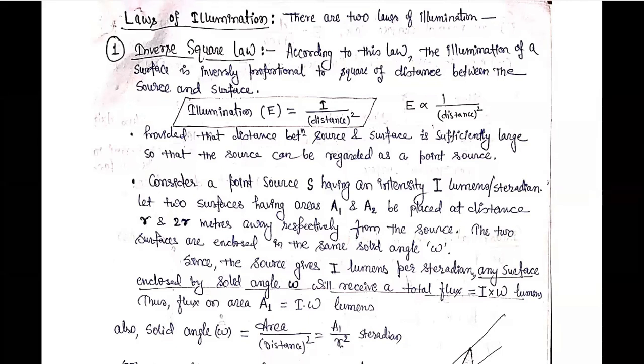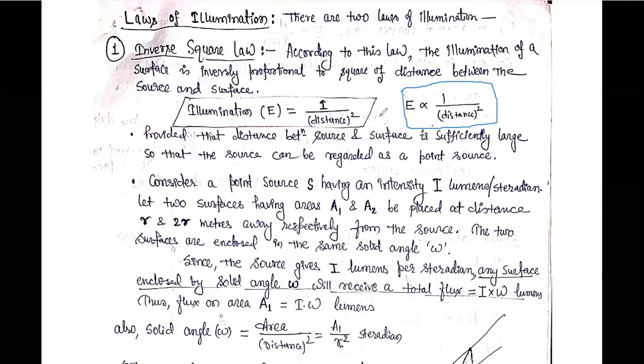The illumination of a surface is inversely proportional to the square of the distance between the source and the surface. सिंपल. ठीक है, ये कह रहा है E is inversely proportional to 1 upon distance square.